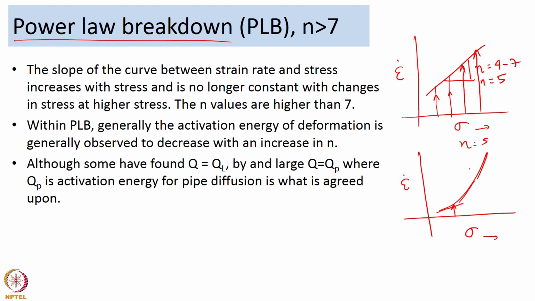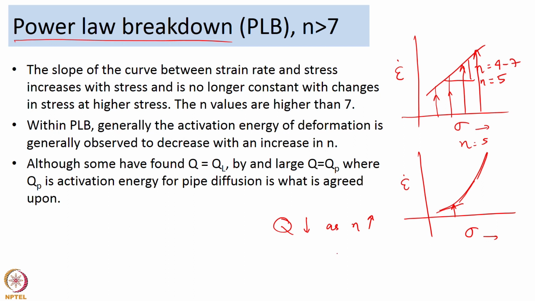In addition to n increasing, people have also observed that within the power law breakdown regime, the activation energy of deformation generally decreases with an increase in n. So as n increases, there is a concomitant decrease in the activation energy of deformation. Q seems to decrease as n increases.